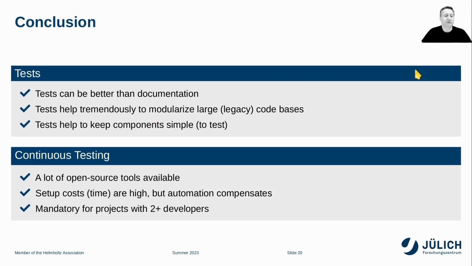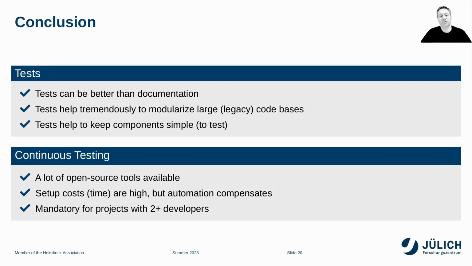So let's conclude. We've seen that if done correctly, tests can even be better than documentation, which can get stale over time. Tests always basically stick to the code, and if you write them in a clear manner, they are much easier to read and for new people easier to get on track.